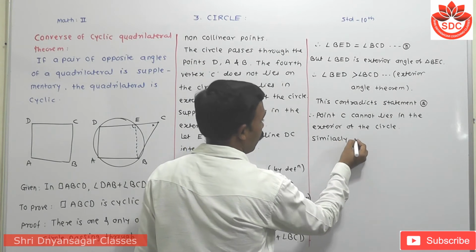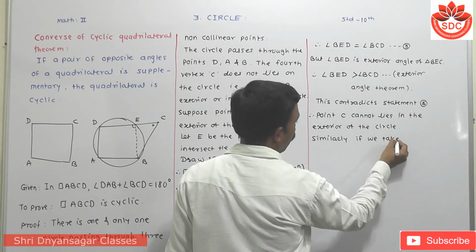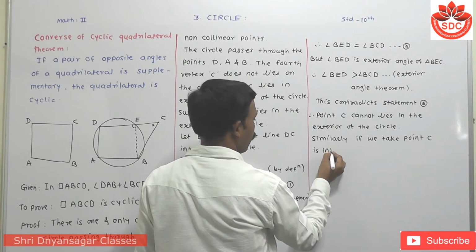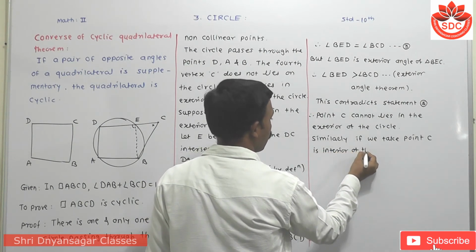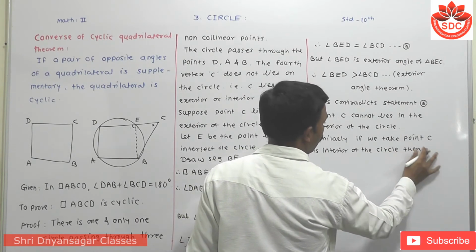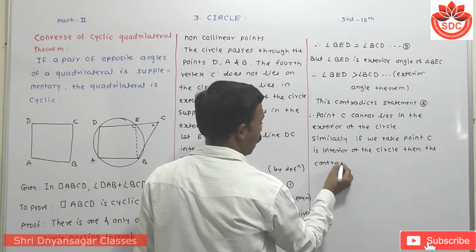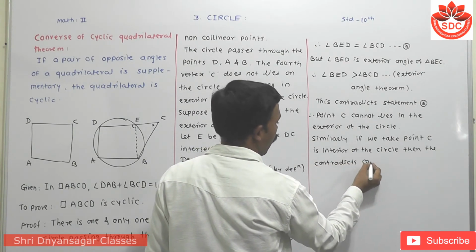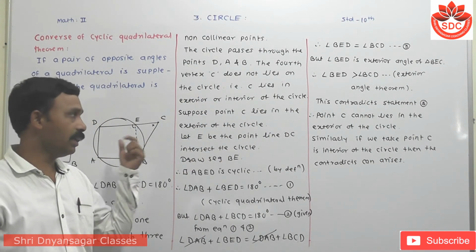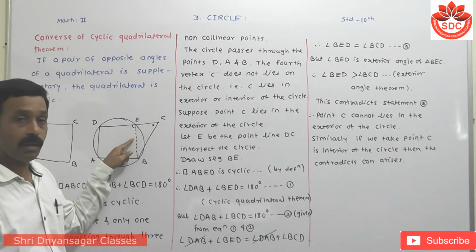Similarly, if we take point C interior of the circle, then the contradiction arises. म्हणजे त्याच प्रकारे जर आपण C इंटेरियर मध्ये घेतला, म्हणजे असं इथे जरी घेतला तरी इथे परत contradiction आपल्याला मिळणार.